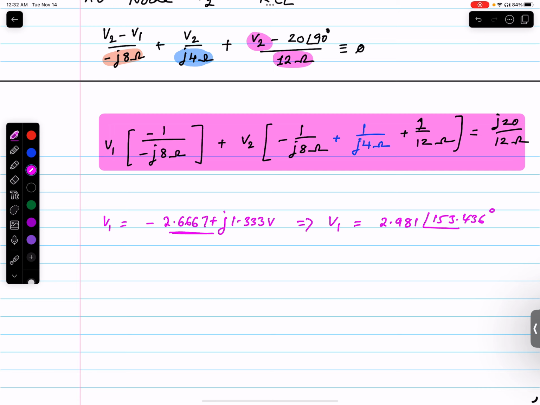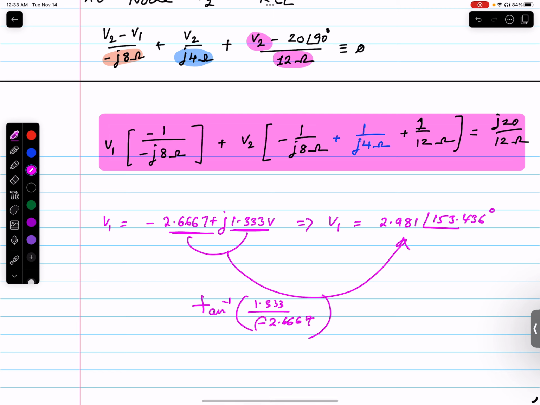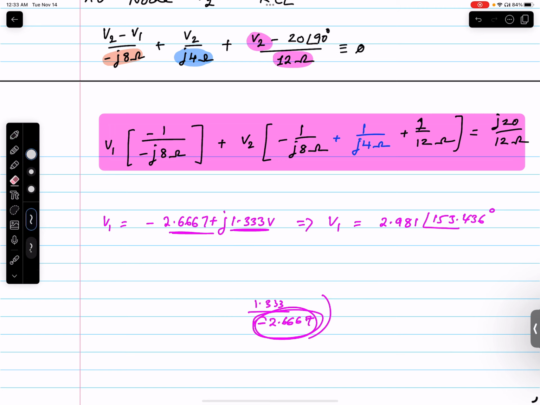This squared plus this squared gives you the magnitude, and the arctan of the imaginary part over the real part gives the angle. Make sure that your angle correctly depicts that the real part is negative. We discussed this in the example problems.